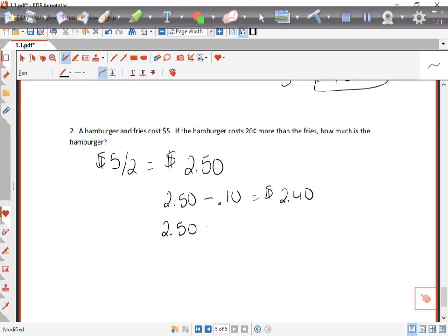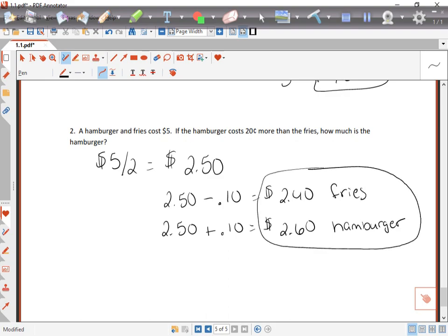And then if I added the 10 cents, I get $2.60. And you see how they are 20 cents different, and they add up to $5. Now we just have to label which one is fries and which one is hamburgers. This tells us that the hamburger costs more, and so that gives us our answer.